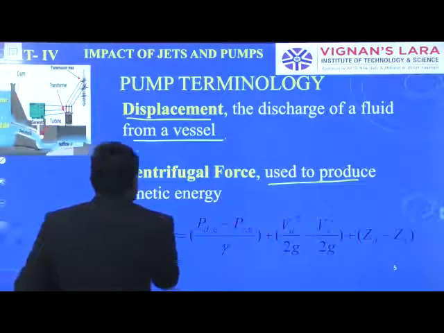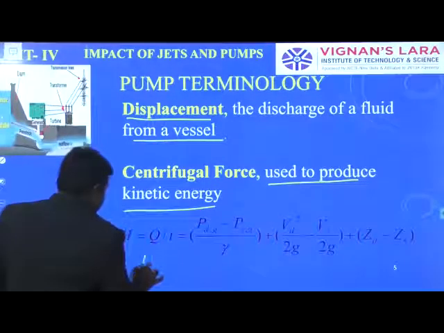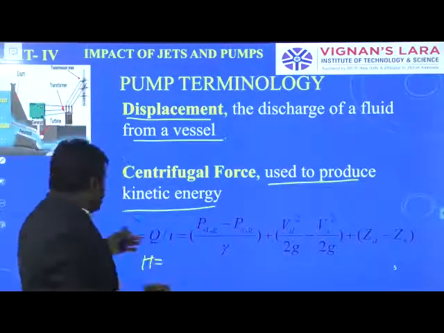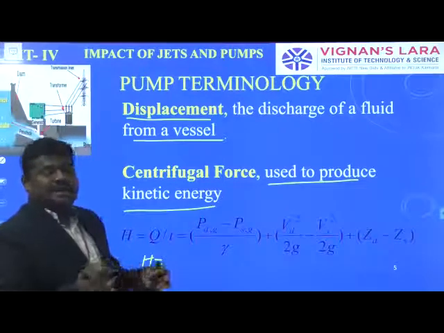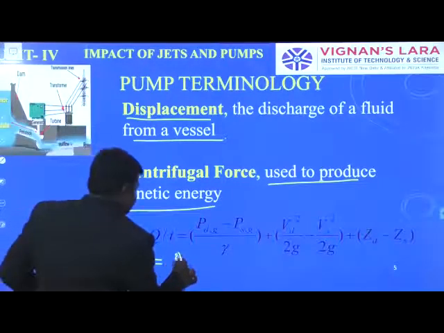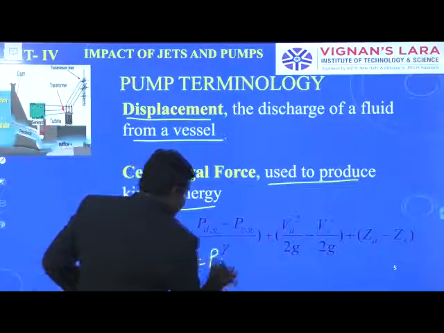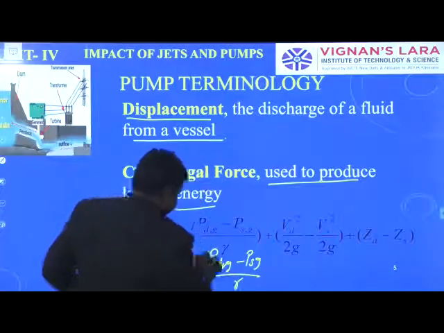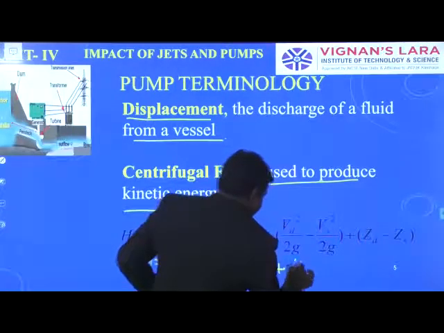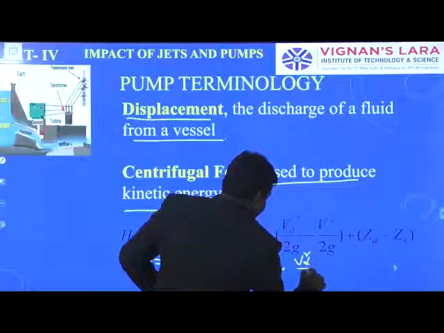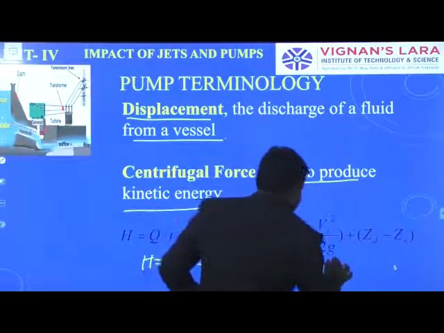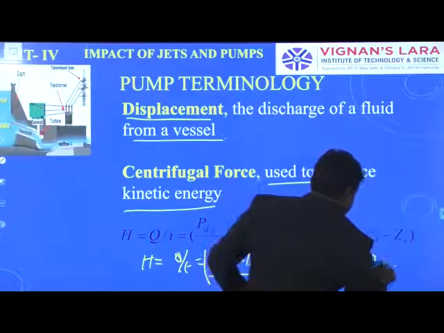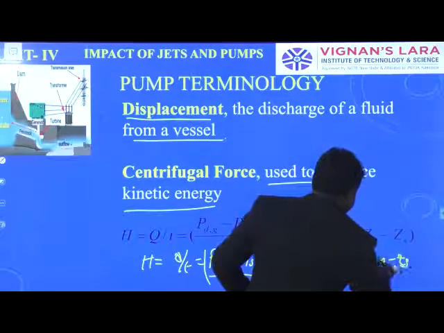We know the formula for the head, or height of the liquid: H equals (P_d gauge minus P_s gauge) by gamma plus (V_d squared by 2g minus V_s squared by 2g) plus (Z_d minus Z_s).